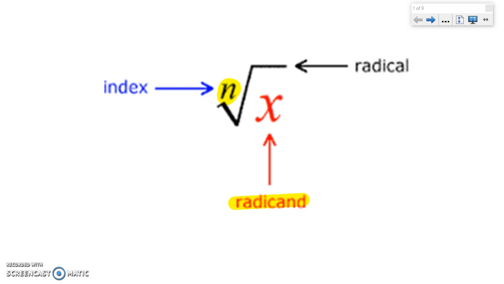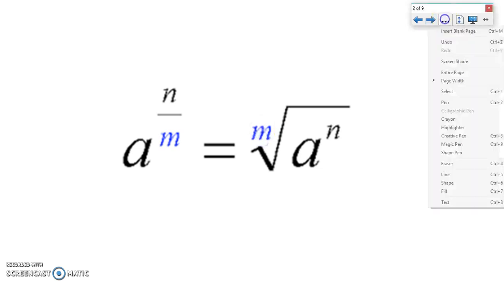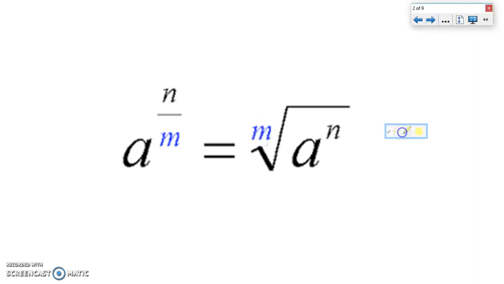So for example, if the index was 3, I would be looking for a third root, or what number multiplied by itself 3 times would result in the radicand. Now I can take this information and translate this into a fractional exponent.